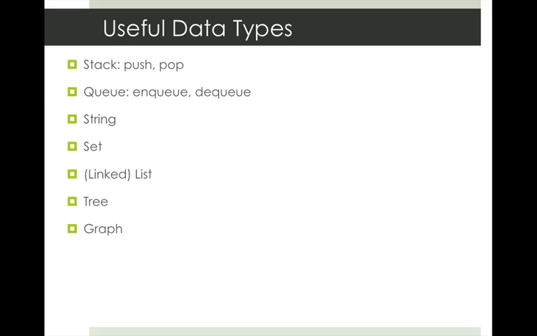Processing also supports useful data structures like stacks, queues, and advanced data structures like sets, lists, trees, and graphs. There are a lot of libraries available, and obviously string is also part of the data structures. So this gives you a variety of data structures to implement very high level computer science applications.